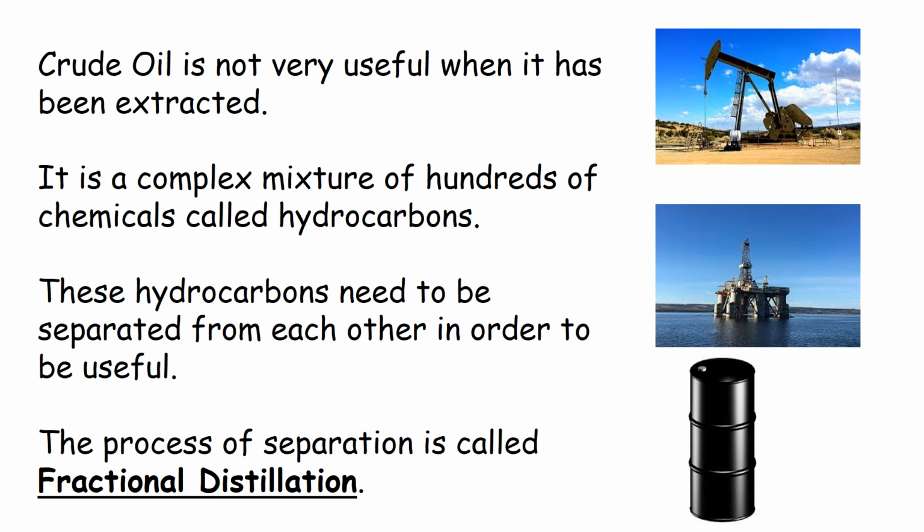And they're called hydrocarbons because they are chemicals made up of hydrogen atoms and carbon atoms. Now these hydrocarbons can be really useful, but in order to get them to be useful, they need to be separated from each other. And this depends on a process called fractional distillation, which works with the individual chemicals' boiling points and condensing points in order for them to be separated.